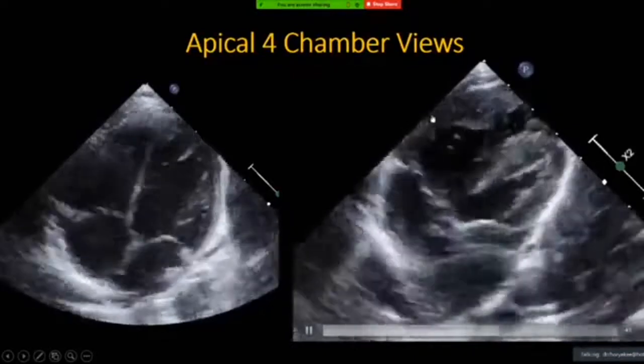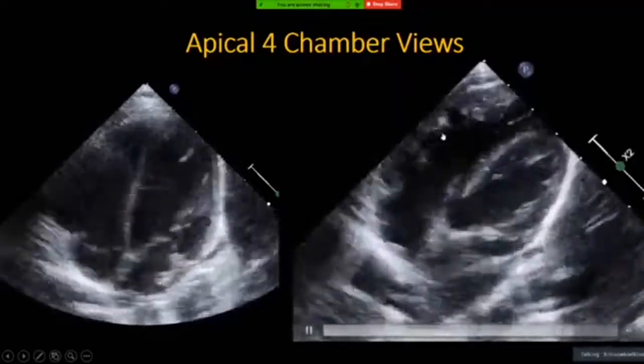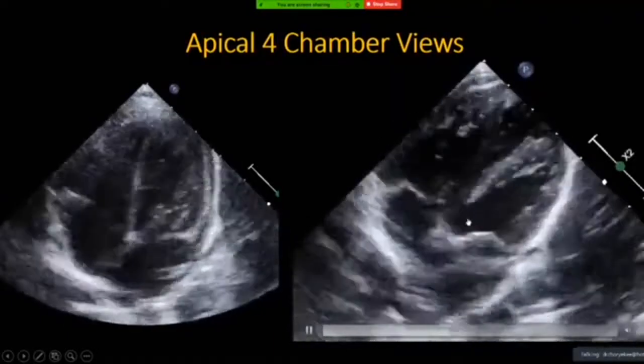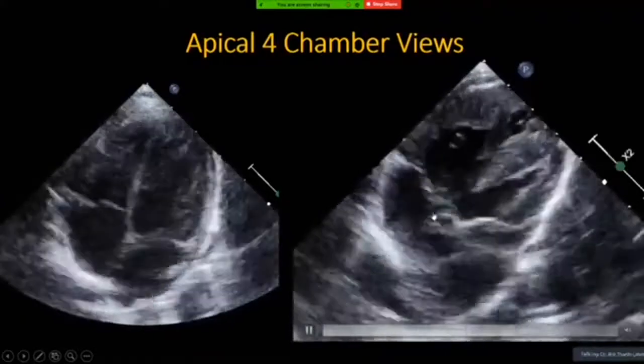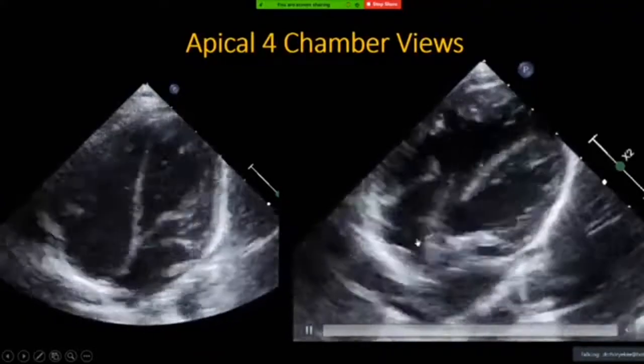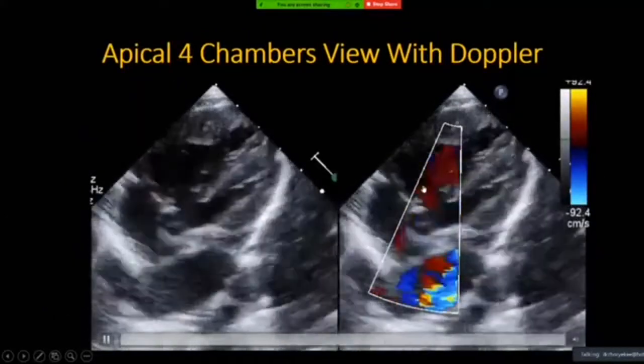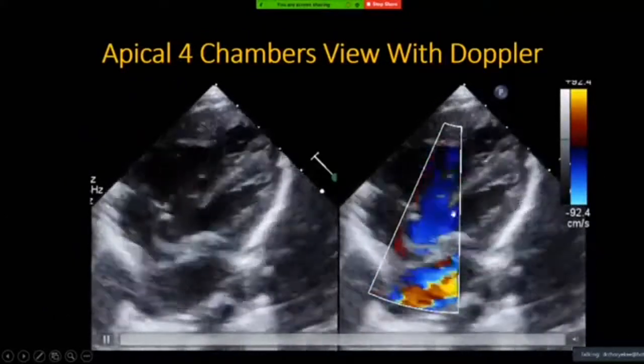This is very thick, so there's right ventricular hypertrophy. Then there is a VSD here, because there's a discontinuity of the septum. This one demonstrates the color mixture, so there is a VSD with a color mixture here.